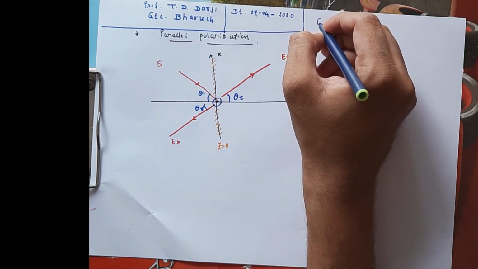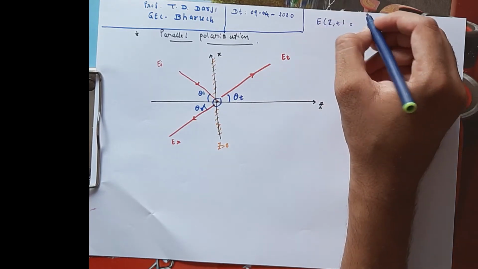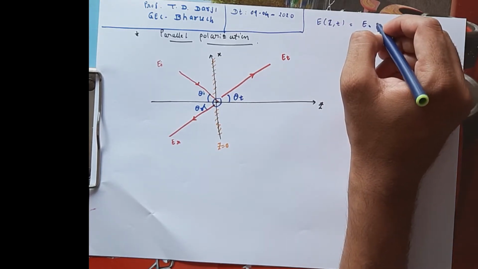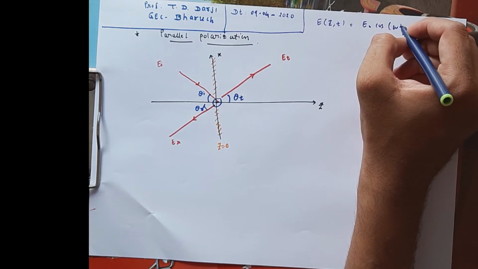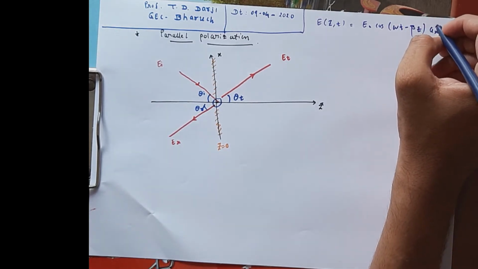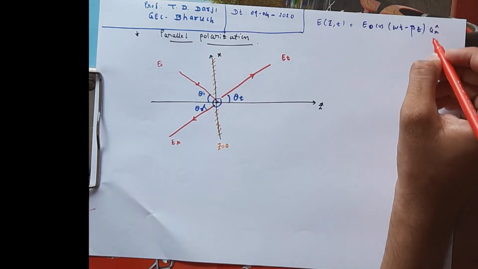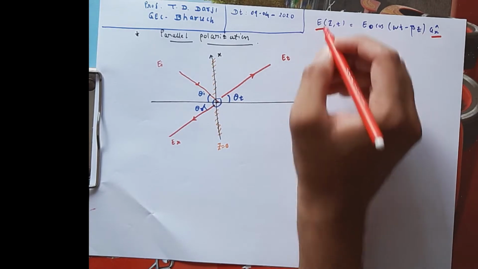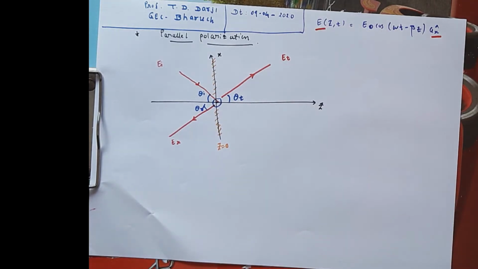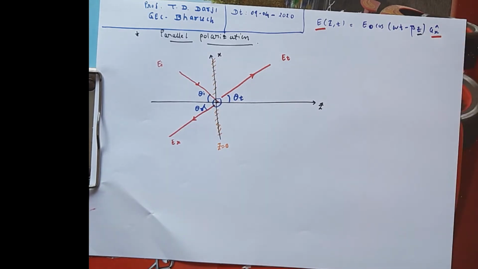What is the generalized equation of the electric field? E of z,t, which is a function of space and time, equals E0 cos(omega t minus beta z) a_x. Here a_x indicates the direction of the electric field, and z indicates the direction of propagation.